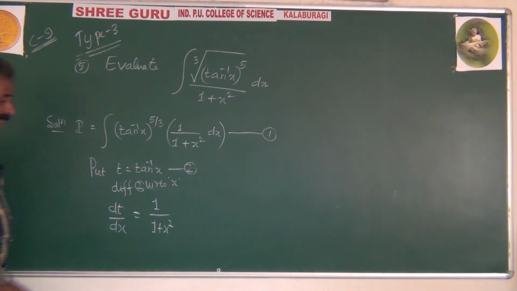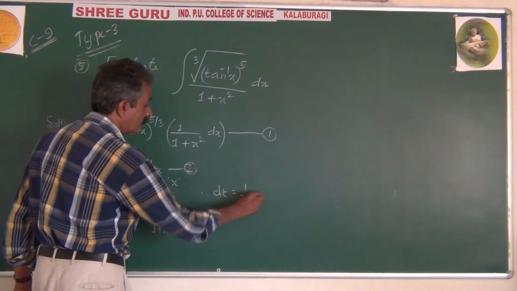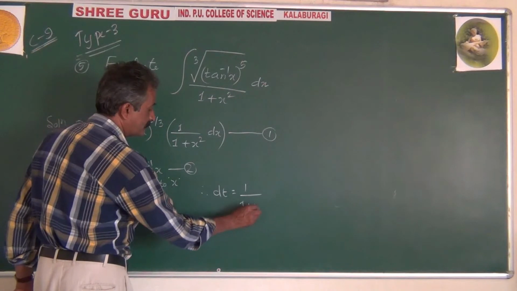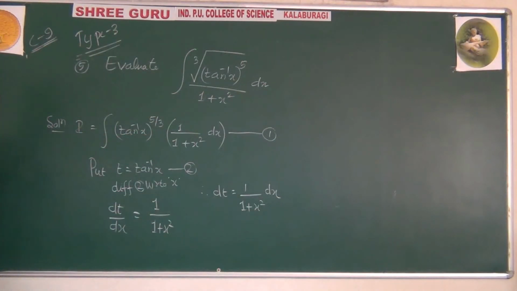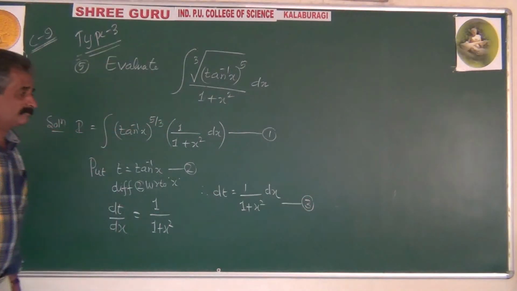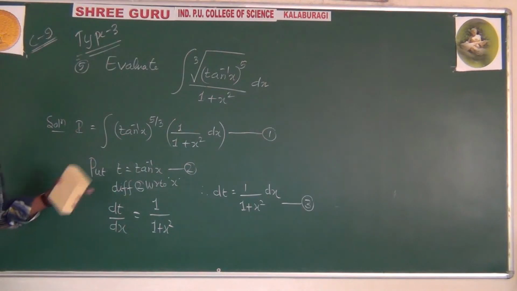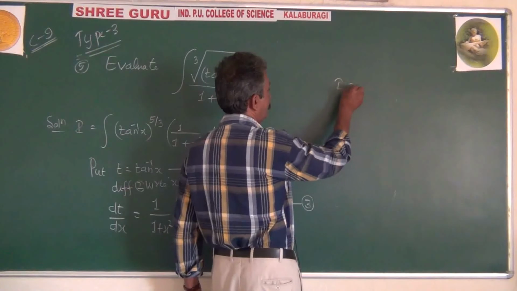Cross multiply. So dt equals 1 by 1 plus x square into dx.